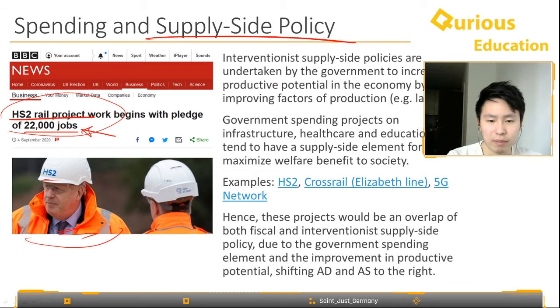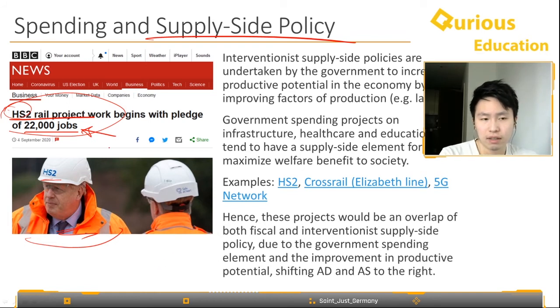But in a sense, this policy is also a supply side policy, because the infrastructure, HS2, would allow people to travel to different places within the country much easier and with much shorter timings. As a result, it would reduce the business costs and the travel times of businesses, and therefore it should make us more productive and more efficient.